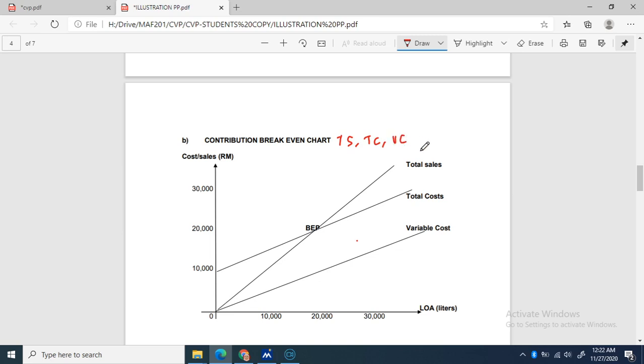So now no fixed cost line. We replace the fixed cost with the variable cost line compared to the traditional break-even chart.